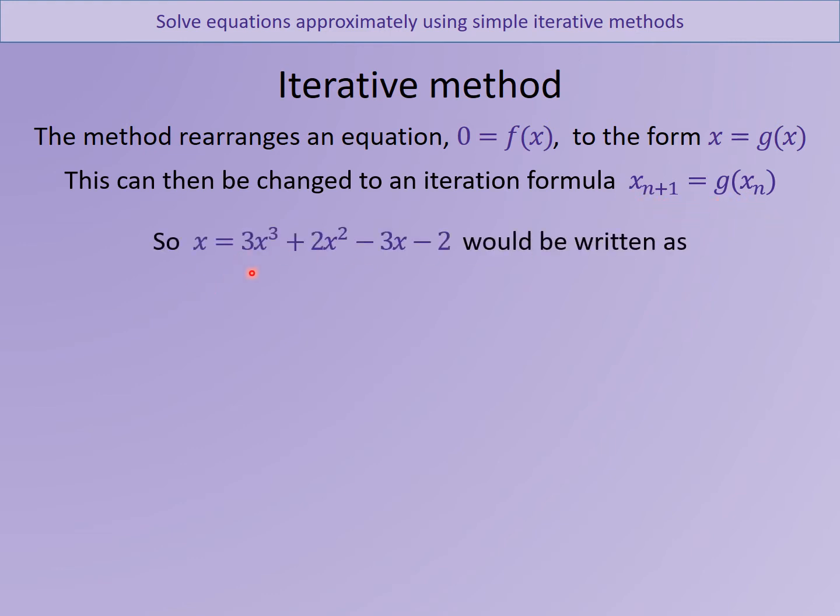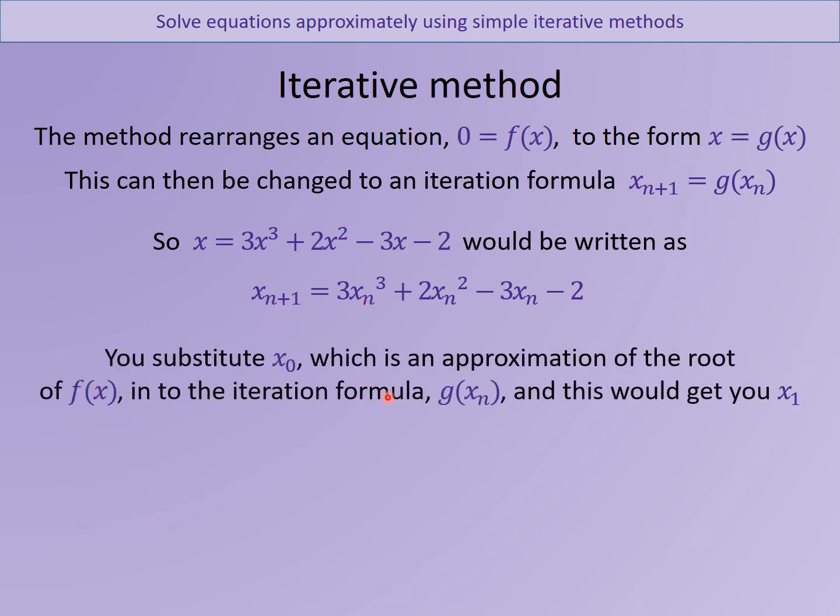So for example, that previous one we just looked at, we saw that we could rearrange it like this. That was the one where we just added x to both sides. And now because we've got x equals some function, we can replace the x's on this side with xn, and they equal xn plus 1. So they're different values of x, but as we'll see, they are a better approximation.